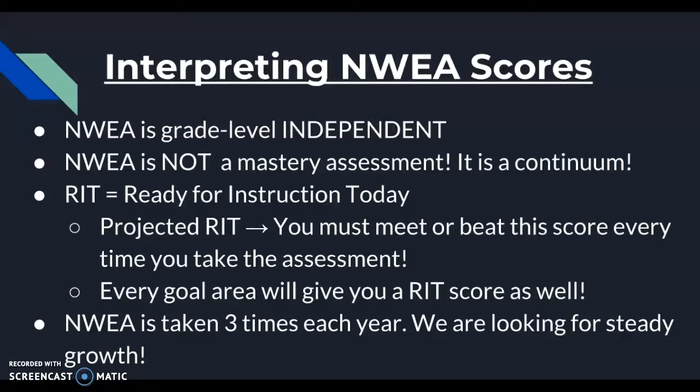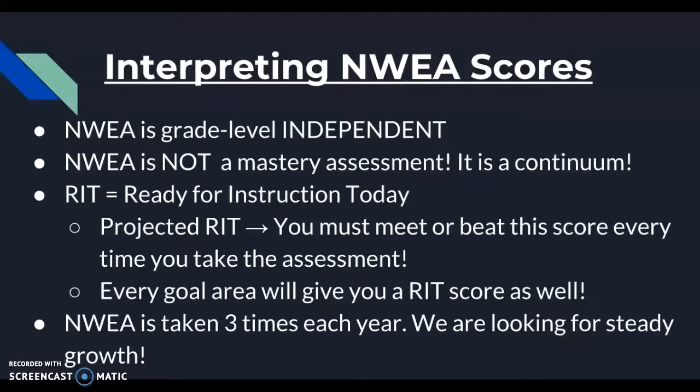If you meet your projected RIT score, so if you got a score of 208 the first time you took the assessment and it told you that 213 was your projected RIT score and you get a 213, that means you are growing at what we would consider an acceptable rate. However, it doesn't get you to what we call acceleration.